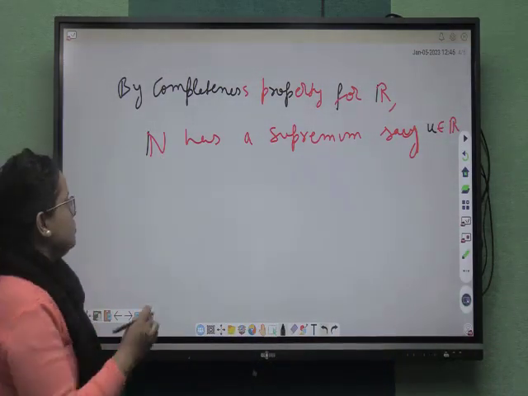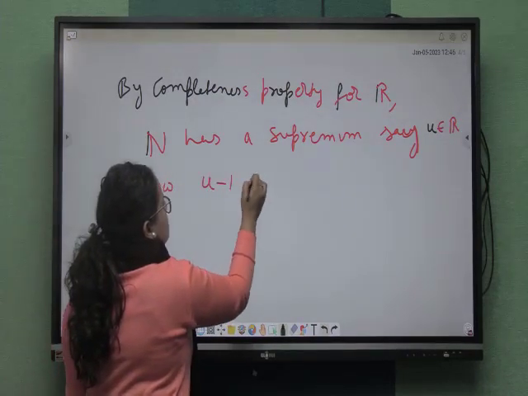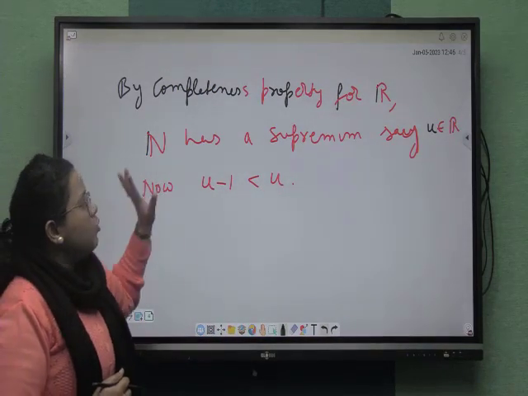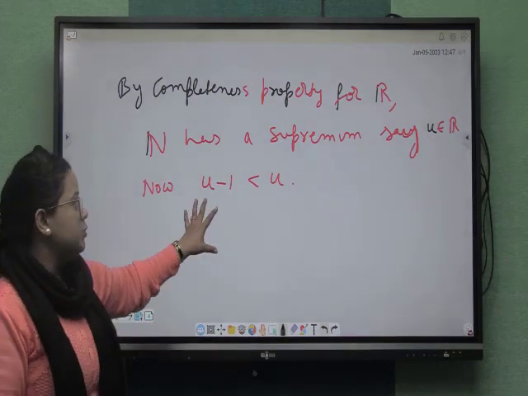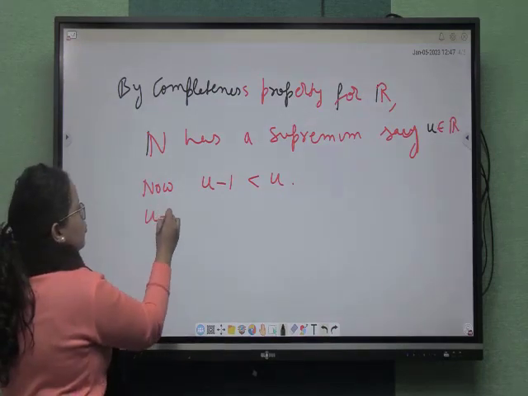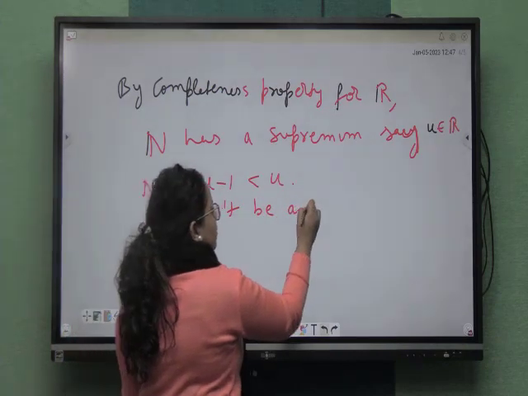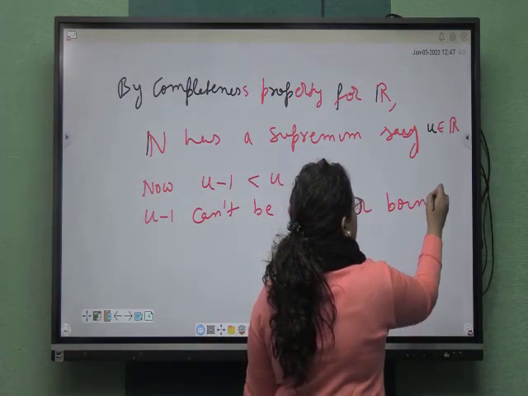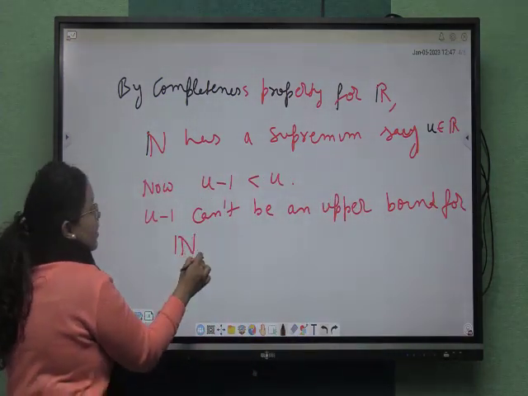Okay? Now u minus 1 is strictly less than u, right? u is the supremum of N and u minus 1 is strictly less than u. That gives me that u minus 1 can't be an upper bound for N. Now what does that mean?